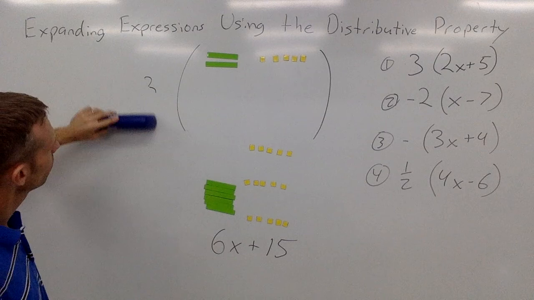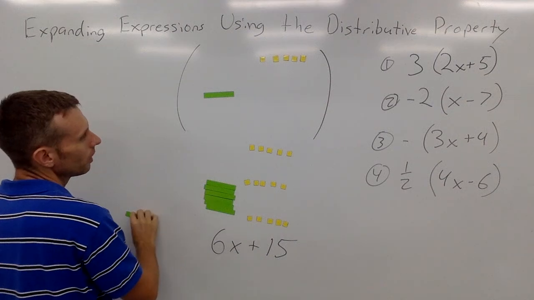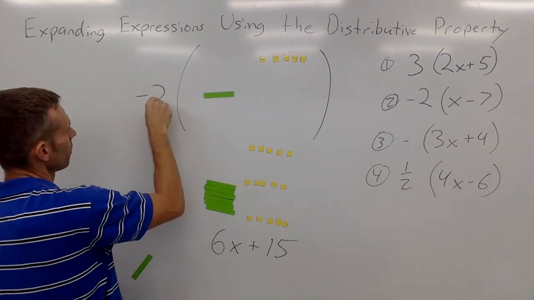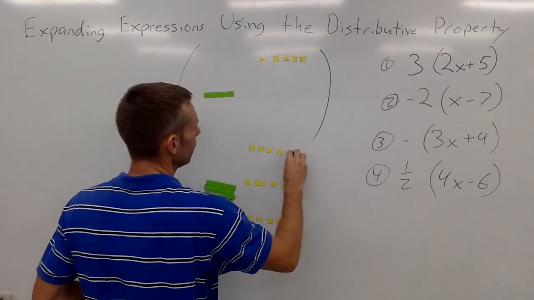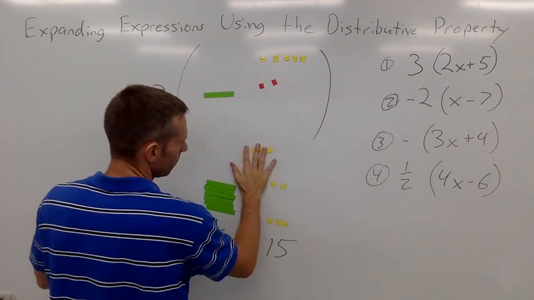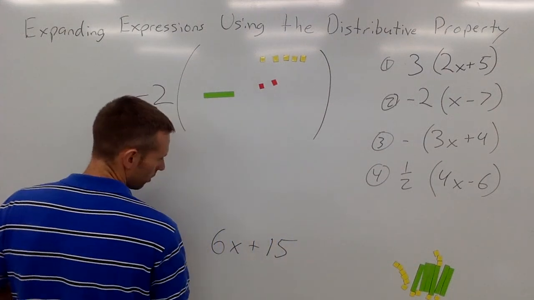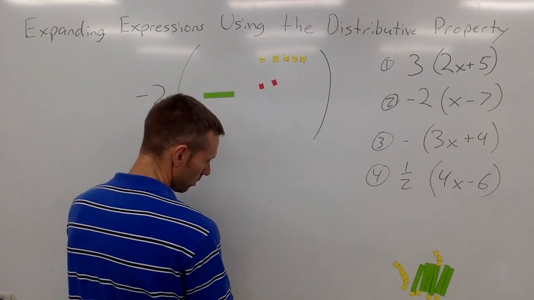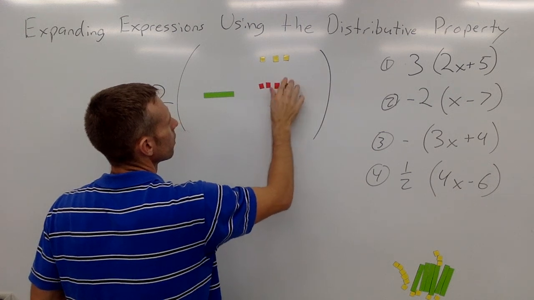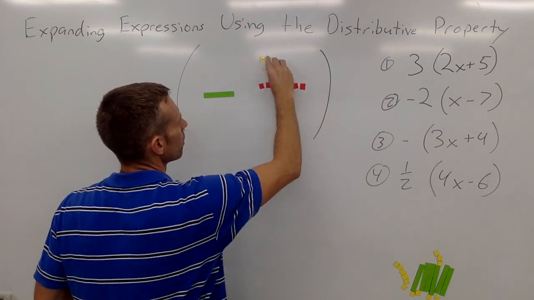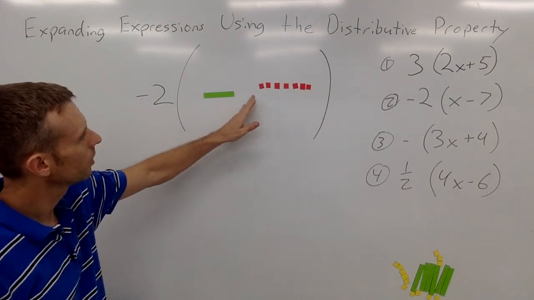Now, let's do one more. I don't know if I'm going to have enough tiles for this, but we'll try. I have a 1x and negative 7. Okay, 1x plus negative 7.